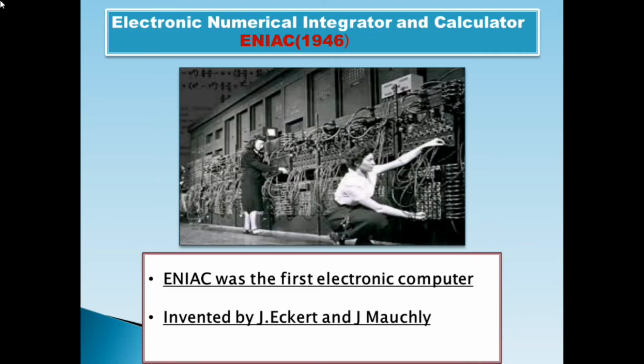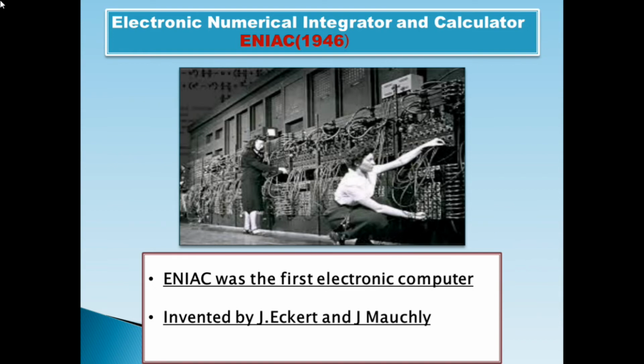An example of first generation computers is the Electronic Numerical Integrator and Calculator. In short, we can call it ENIAC.